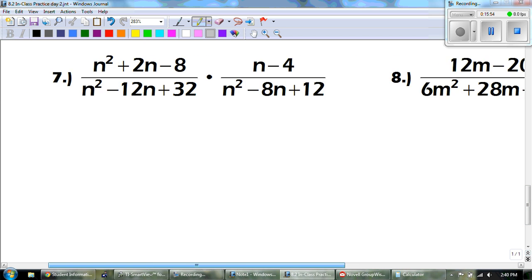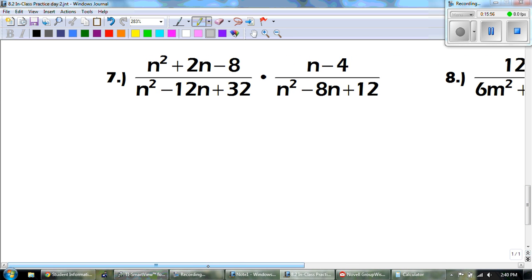Okay, so the first thing we should always look at is what operation we have, and then we're just going to go through and factor as much as we can. So we have n squared plus 2n minus 8. I want numbers that multiply to get negative 8 and add to get 2.